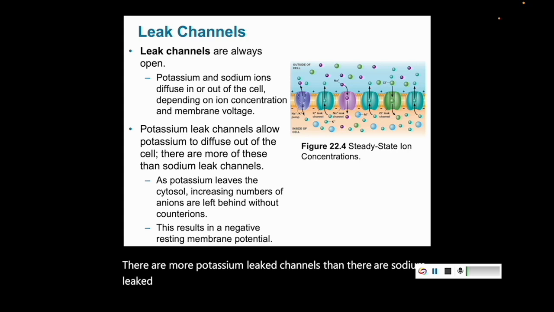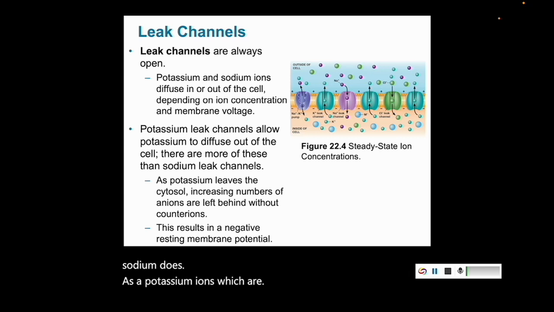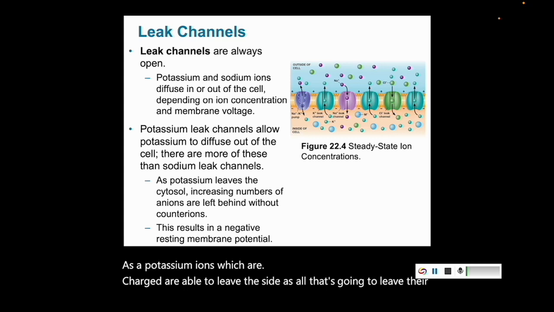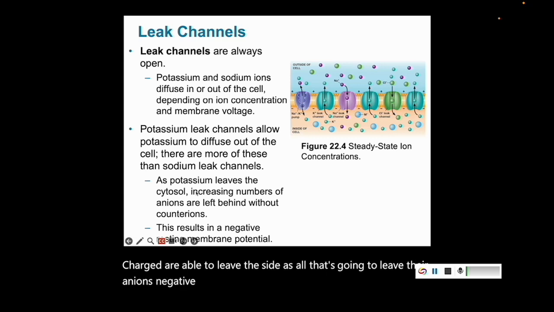There are more potassium leak channels than there are sodium leak channels, so potassium is going to diffuse more readily than sodium is. As the potassium ions, which are charged, are able to leave the cell, their anions, negative charge, are going to be left behind without their counterion.